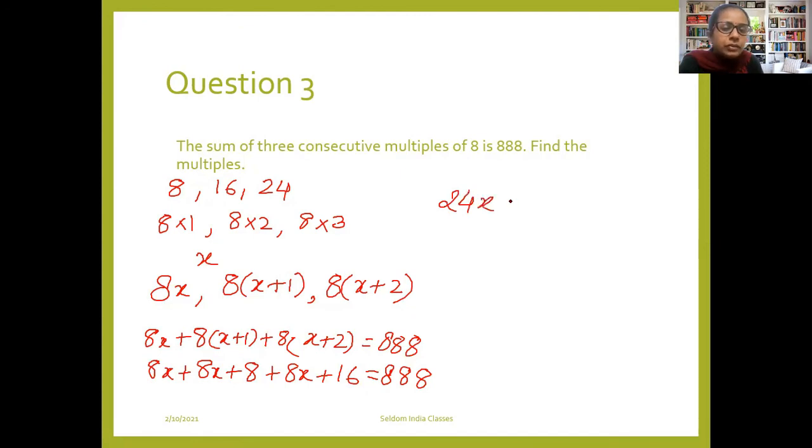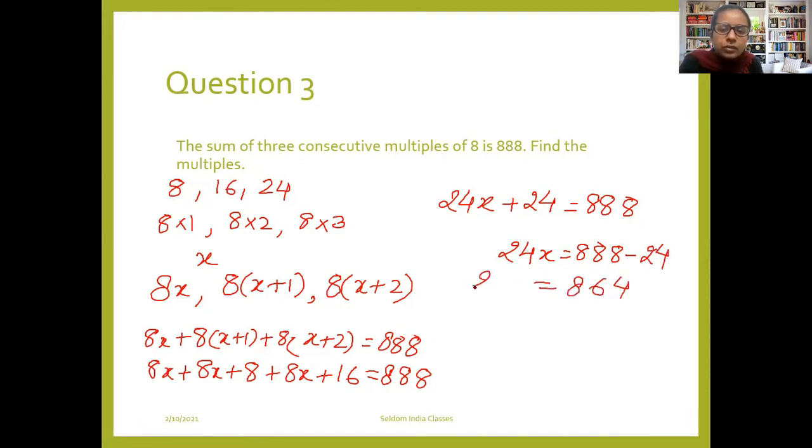We have 24x plus 16 plus 8 is 24 again, equals to 888. So 24x equals to 888 minus 24, that is 864. 24x, x equals to 864 divided by 24.